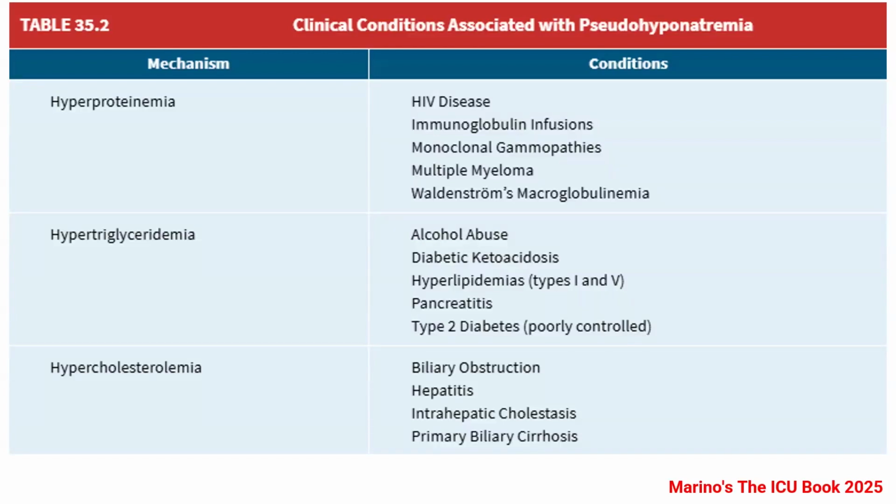Hypercholesterolemia occurs with biliary obstruction, hepatitis, intrahepatic cholestasis, and primary biliary cirrhosis, and also some inborn or enzymatic defects can cause hypertriglyceridemia and hypercholesterolemia.